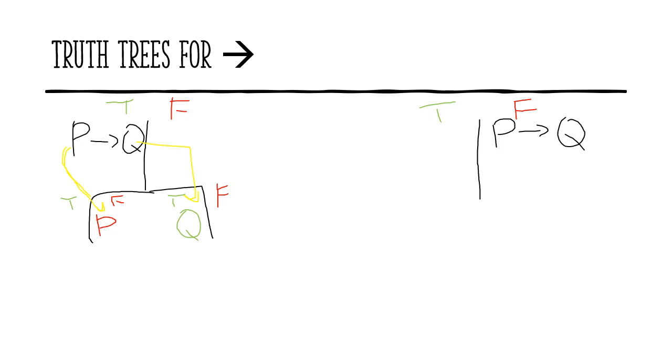Remember from previously, it's false where P is true and Q is false. Both those conditions have to be met for it to be a false statement. Left side is true and the right side is false. That's the only instance in which it is false.